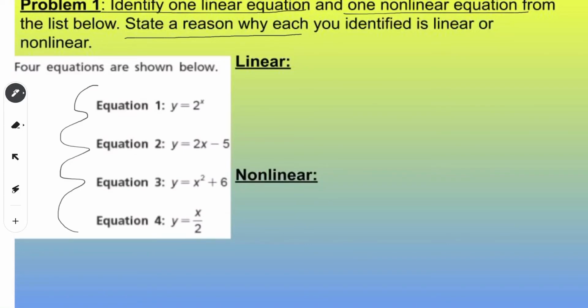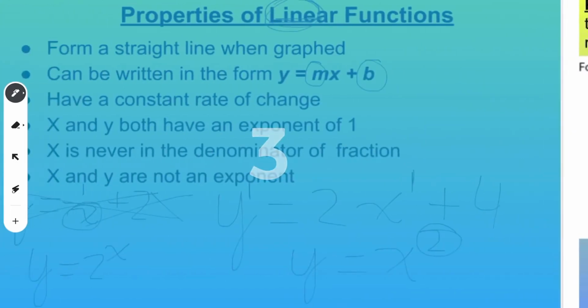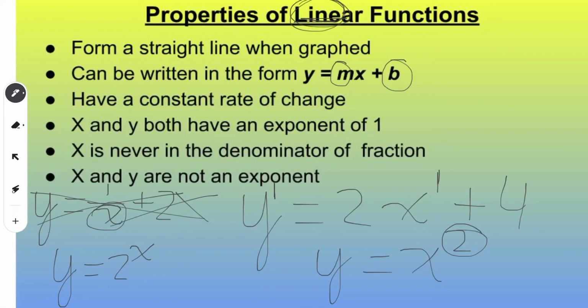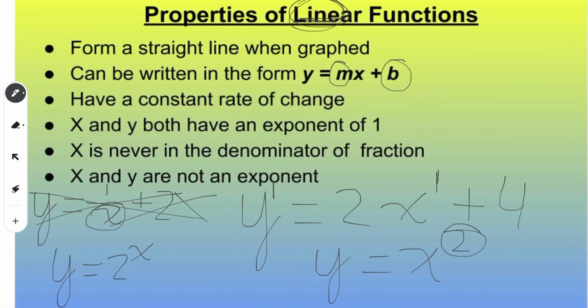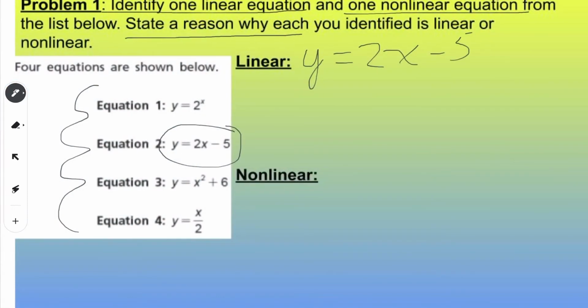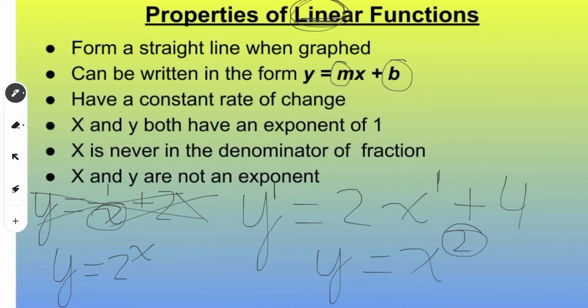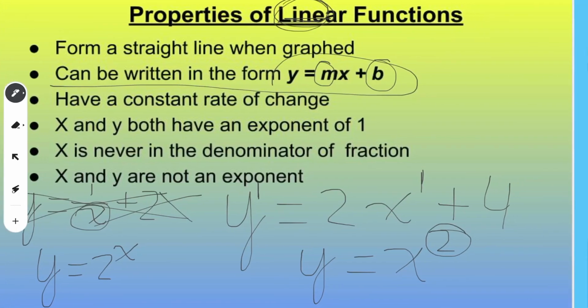So for the linear equation, I'm going to choose the equation y equals 2x minus 5. I'm going to go back on my list to see which one matches. That is a linear function. So I can look at the second bullet point and I see that linear functions can be written in the form y equals mx plus b.